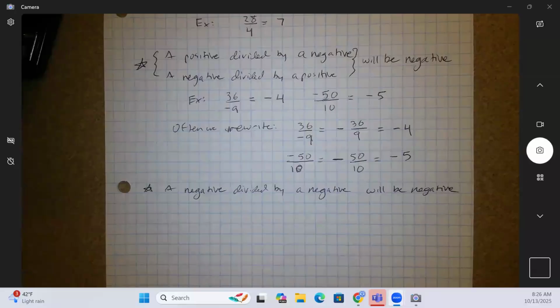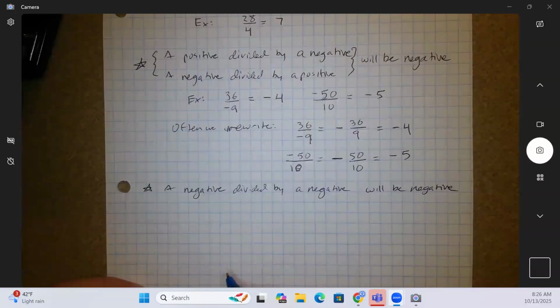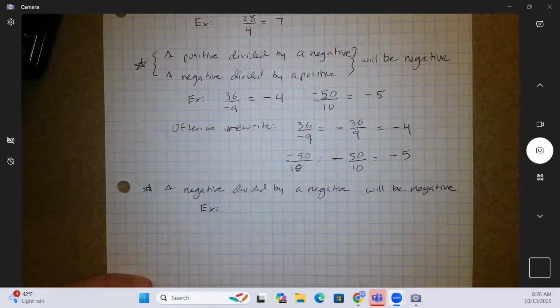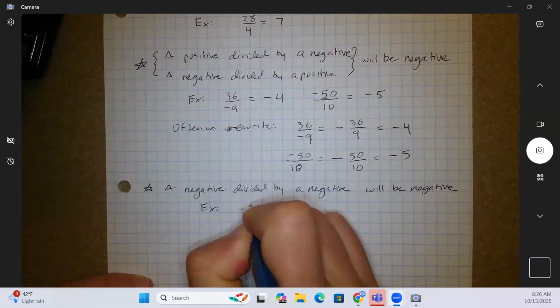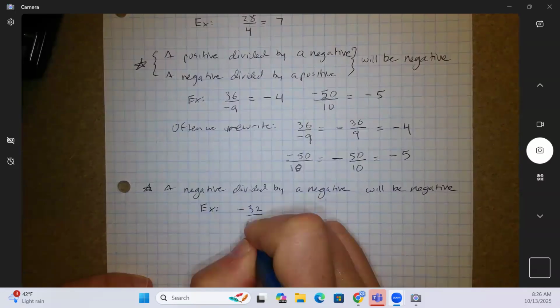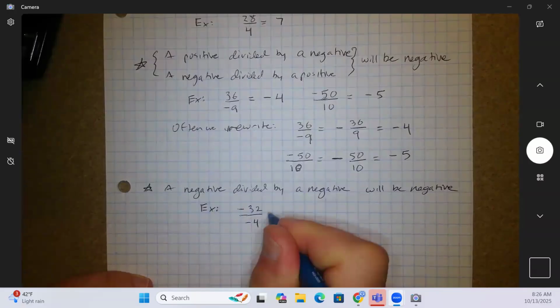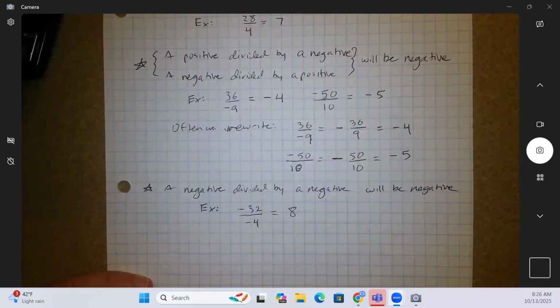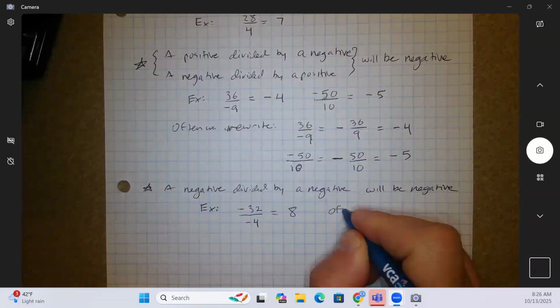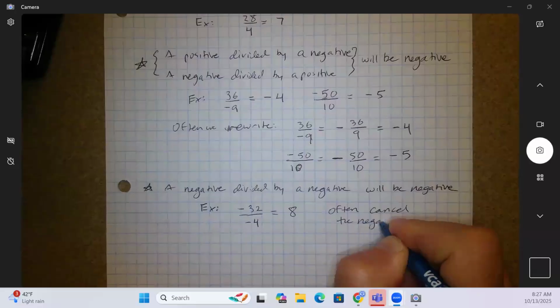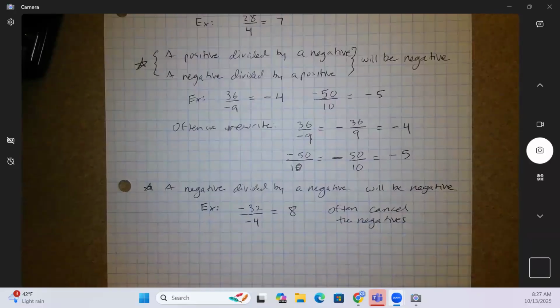So for example, let's do negative 32 divided by -4. That's going to be +8. And we often cancel the negatives as a little visual reminder.